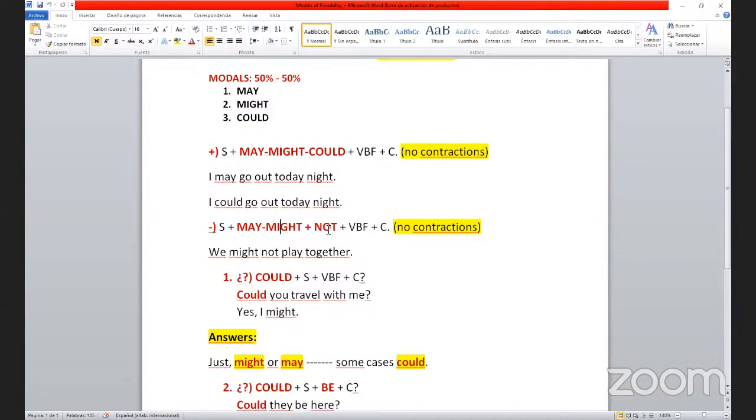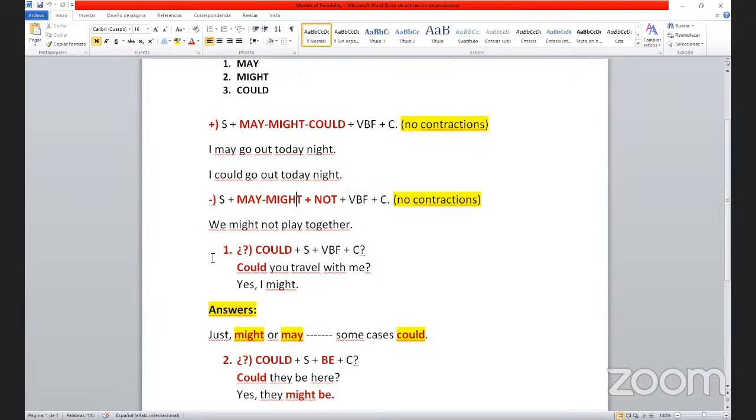So we can say, we might not play together. We are using the possibility, but in negative. So we remember, for affirmatives, we use the three, and for negatives, we use just may and might.